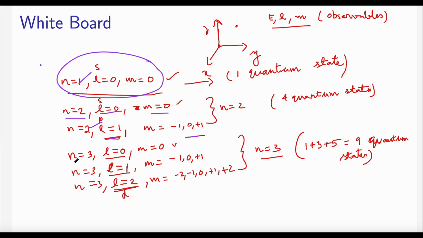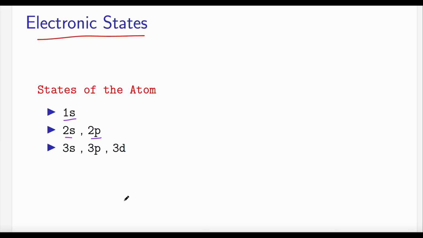And here n is equal to 3. L is equal to 0 is S, so 3S. N is equal to 3, L is equal to 1, that is P, 3P, and N is equal to 3, L is equal to 2, is D. So we write 3S, 3P, 3D.